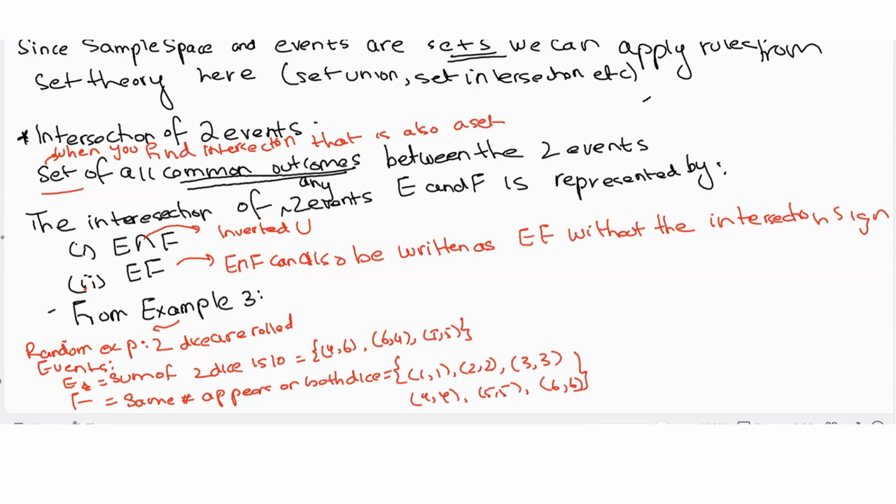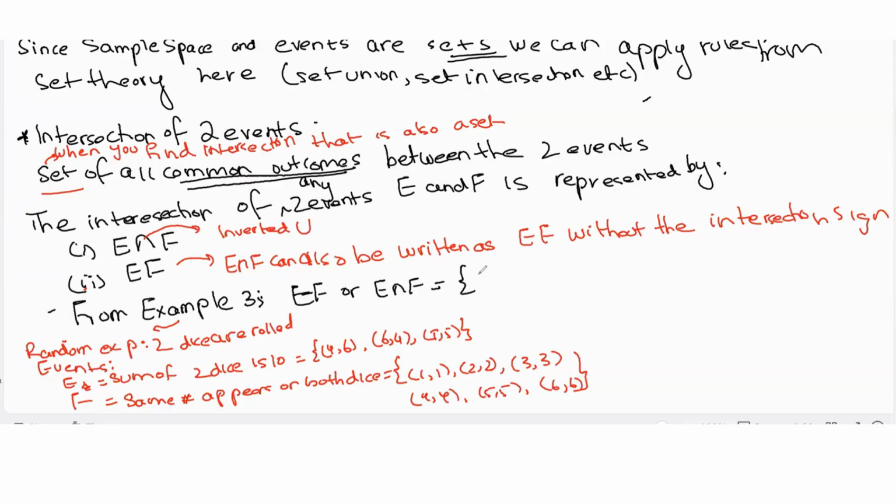From example 3, we know E intersection F, which can be written with or without the intersection sign, is just like we said, the set of all common outcomes between them.